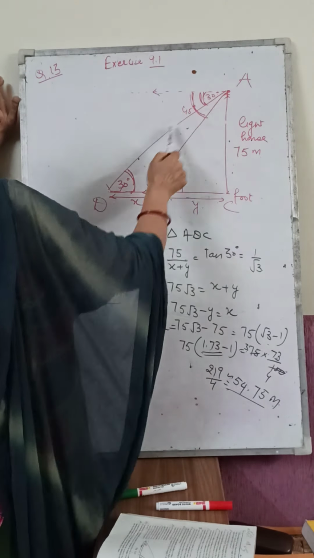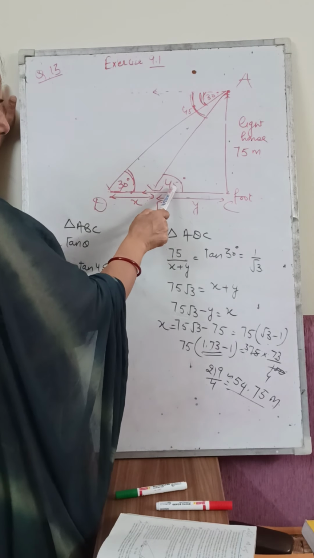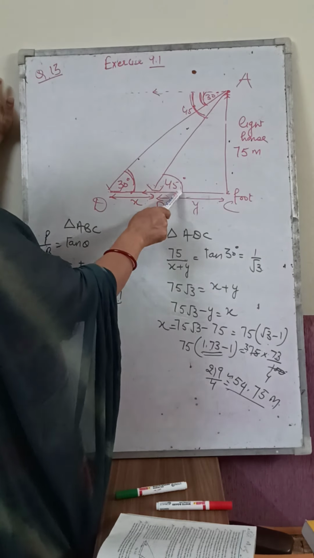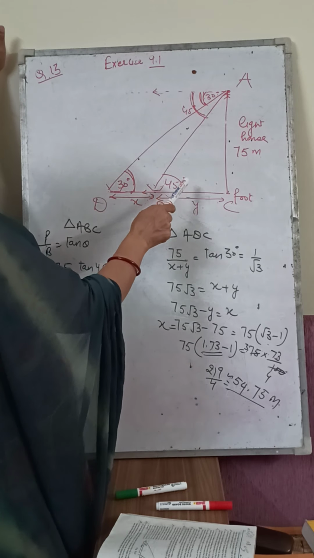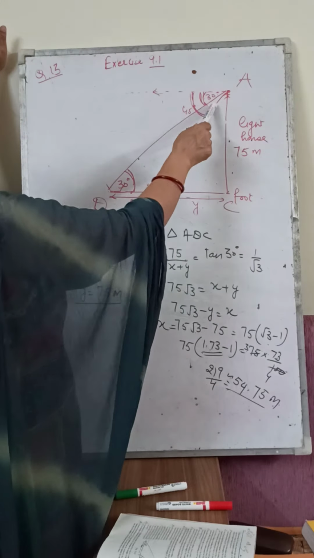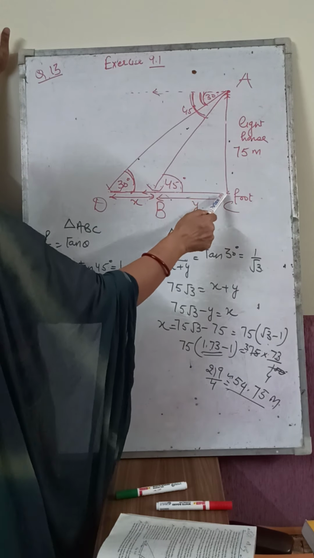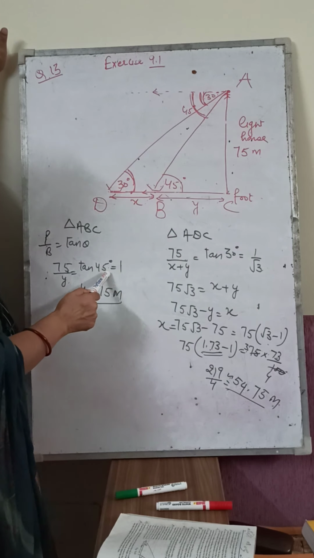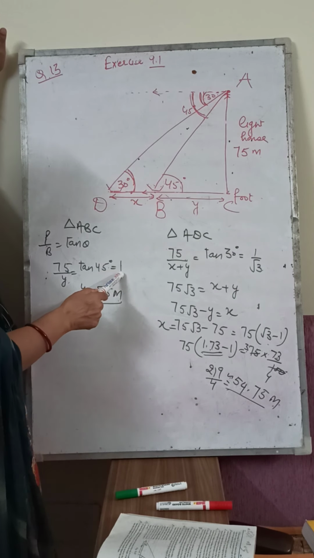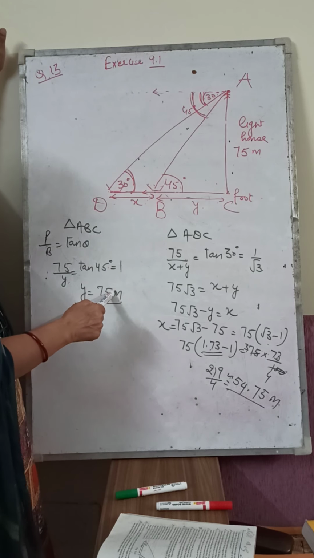So one ship is making 30 degree, second ship is making 45 degree. So what you will be doing? First of all, you take this triangle ABC, then you take triangle ADC. In ABC, perpendicular is 75 upon y is equal to tan 45. Tan 45 is 1, so 75 is equal to y.